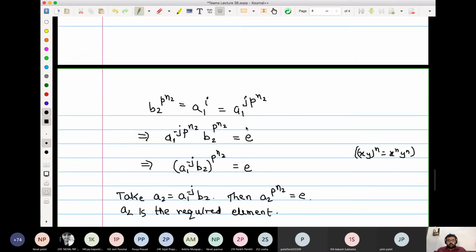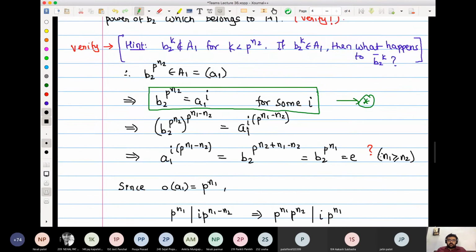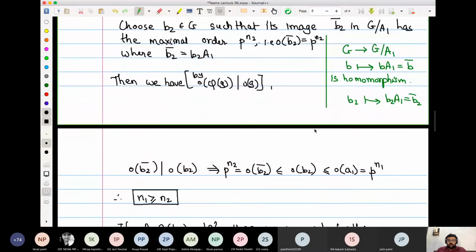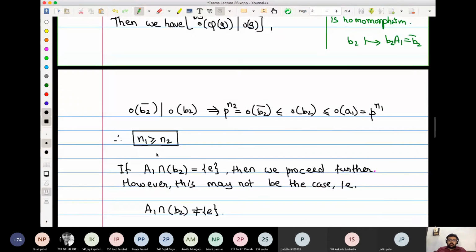Now this is over. So the process, you see, we started with the first group, of maximal order. The element A1 should not bother us, so we take G quotient A1. Therefore, the second maximal element we take is in G quotient A1, of order P power N2. Now, if you want to express it as a direct product, we need this condition: the intersection of one with the product of all others. Here A1 was a cyclic group, so it should be the intersection with the product.